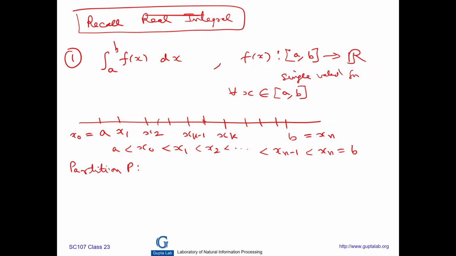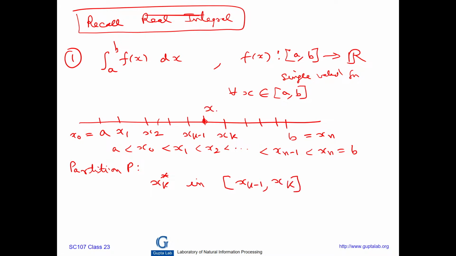Then we take xk star in each subinterval, xk minus 1 and xk.